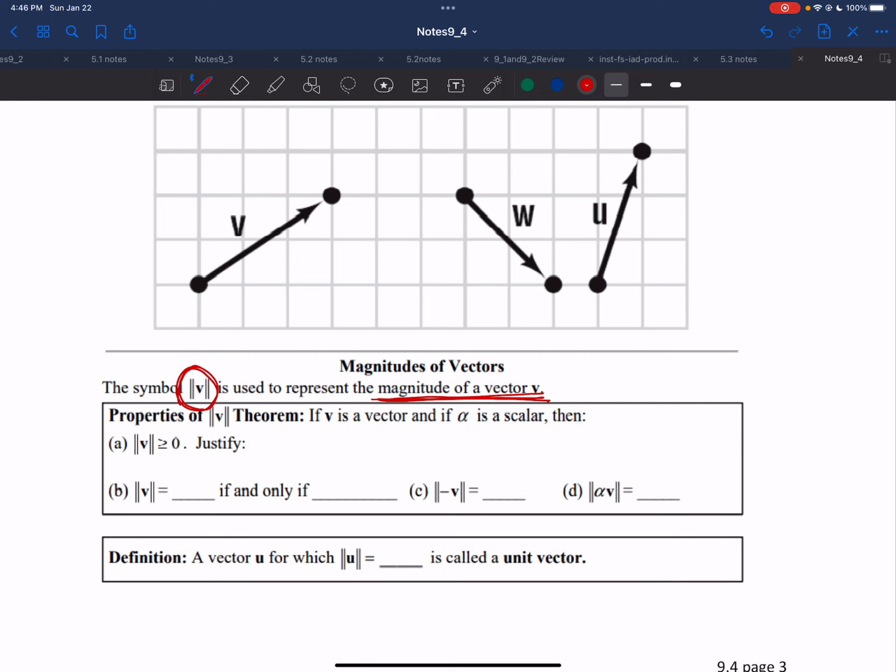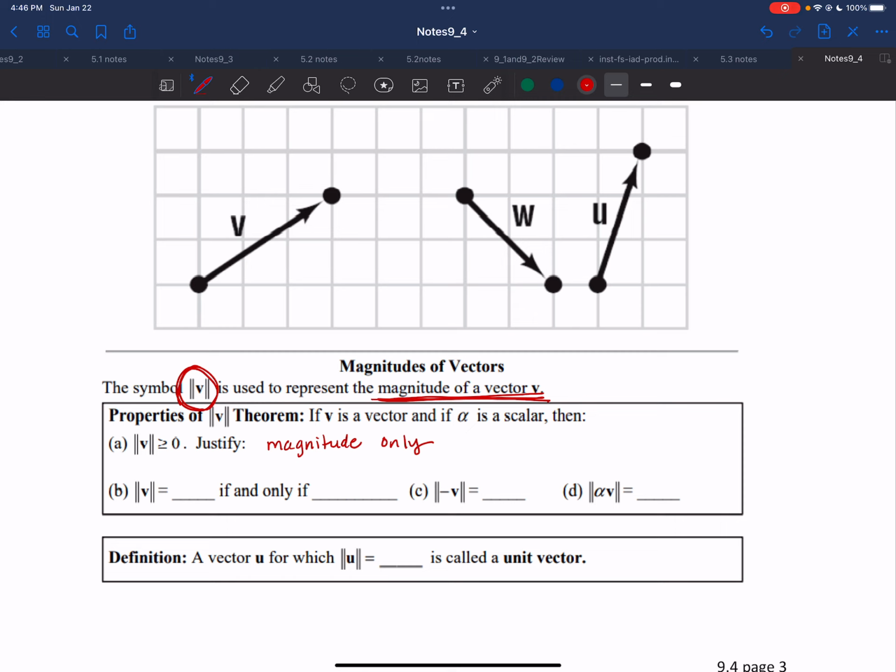If v is a vector and if alpha is a scalar, the double bar v is greater than or equal to 0. It is because this is just the magnitude, right? You can't have a negative value on a magnitude because that negative value actually shows the direction. So this is magnitude only, right?